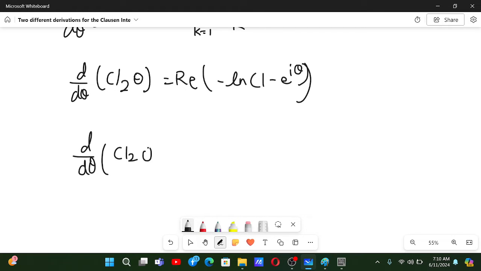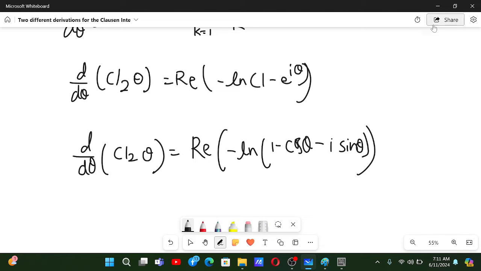Now after we have this, we can try to evaluate this logarithm. Let me write this in a proper way. e to the power i theta is cos theta plus i sin theta, so 1 minus e to the power i theta is 1 minus cos theta, and then minus i sin theta.